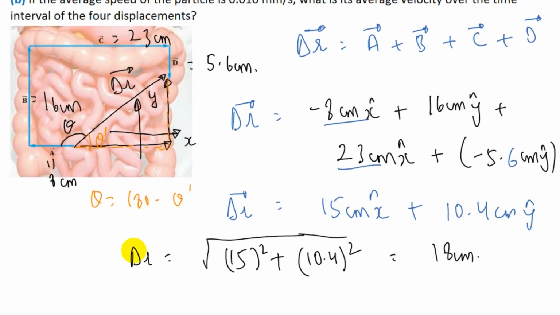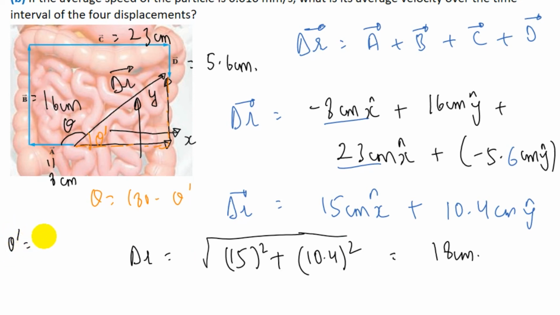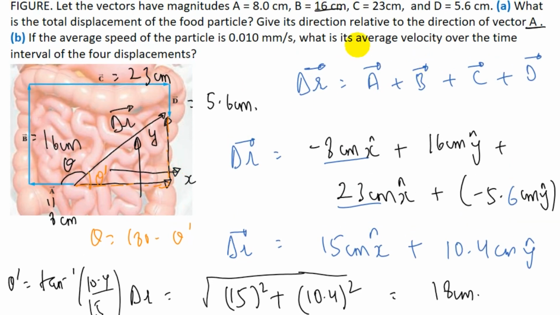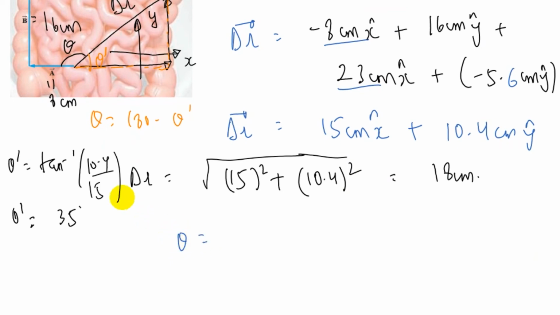So theta dash I am writing here. This theta dash would be tangent inverse of the Y component, which we have 10.4, divided by the X component, which we have 15. This theta dash will come out to be nearly 35 degrees. Now because we have to give our answer relative to vector A, this total angle would be 180, so theta would be 180 minus theta dash.